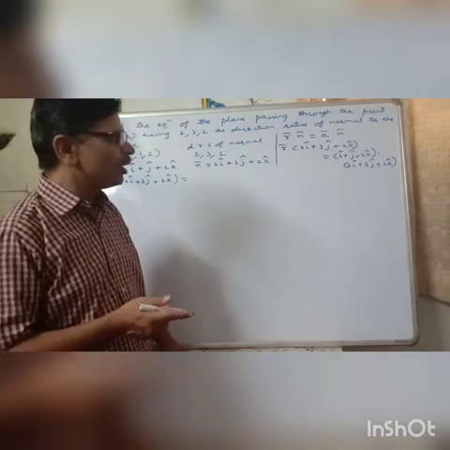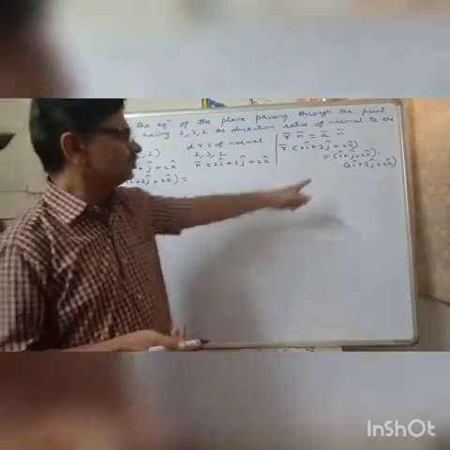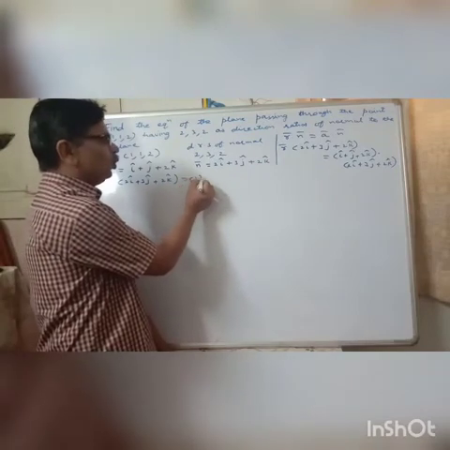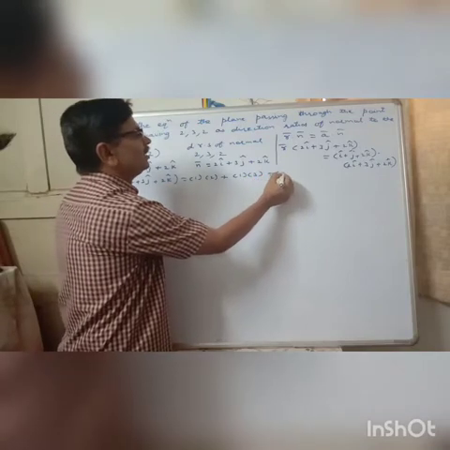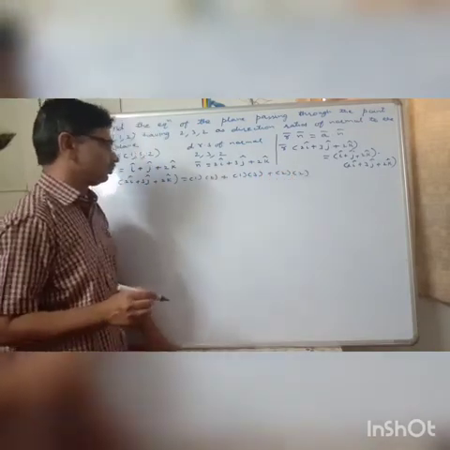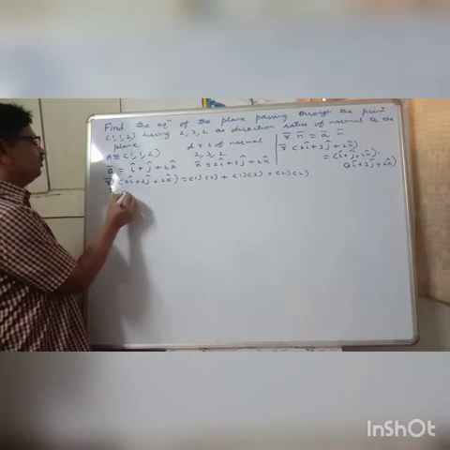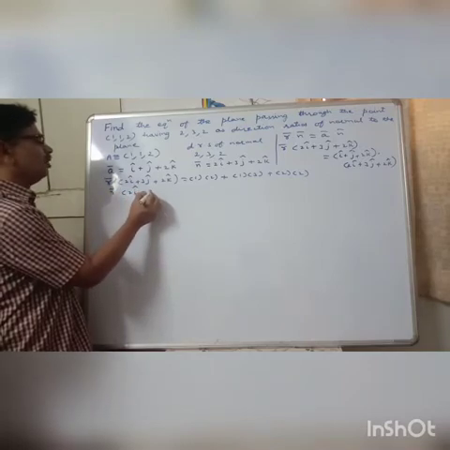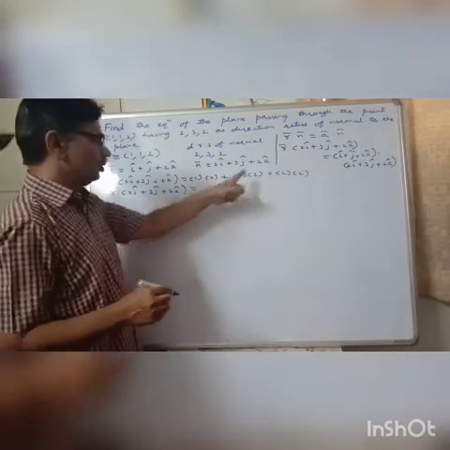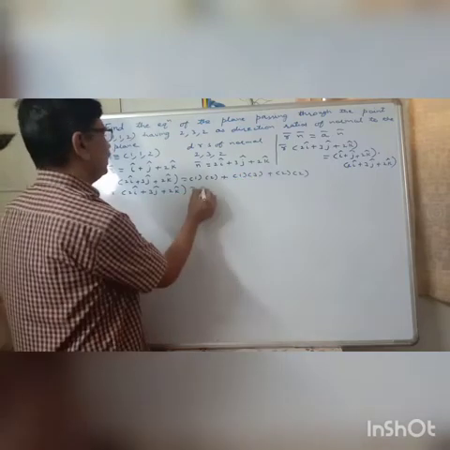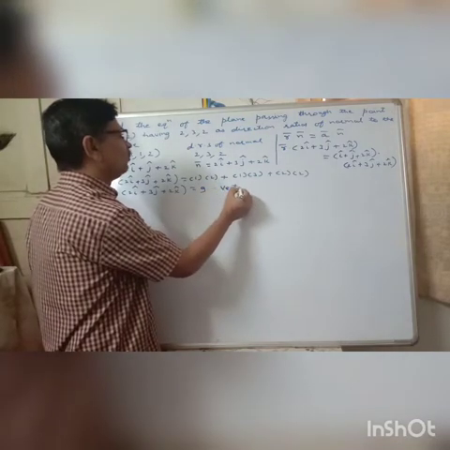To find their dot product, find sum of product of coefficients of i, j, k. 1 into 2 plus 1 into 3 plus 2 into 2. So equation of plane in vector form: r bar dot (2i plus 3j plus 2k) equal to 2 plus 3, 5 plus 4, 9. This is equation of plane in vector form.